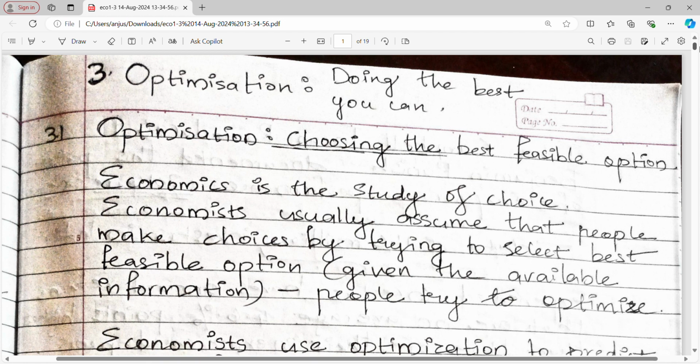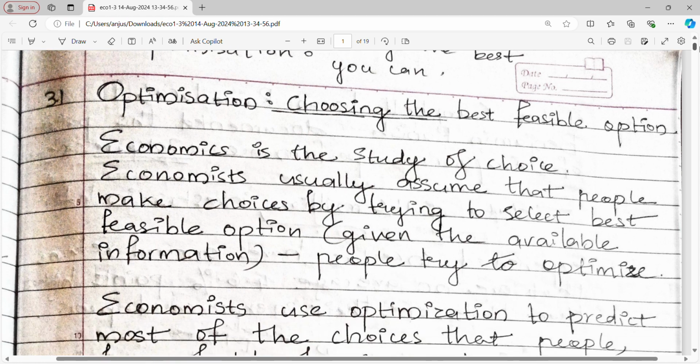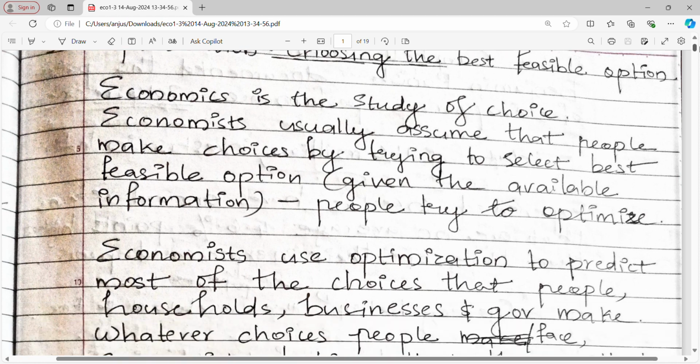So economics is a study of choice. Economists usually assume that people make choices by trying to select the best feasible option given the available information. That is, people try to optimize. We discussed this point in detail in the last chapter, what this given and available information means, so I won't go through that again.